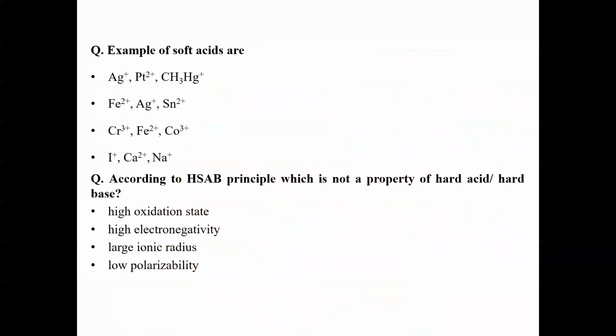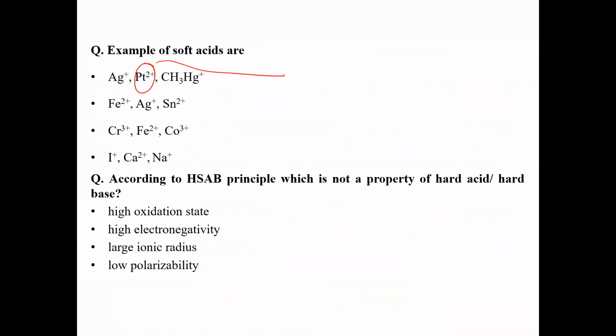So moving to the next two, you have to identify the soft acids. So what are the soft acids? Their electron cloud can be easily polarized, right? They have low oxidation state and they are usually larger in size. Just identify from one example.